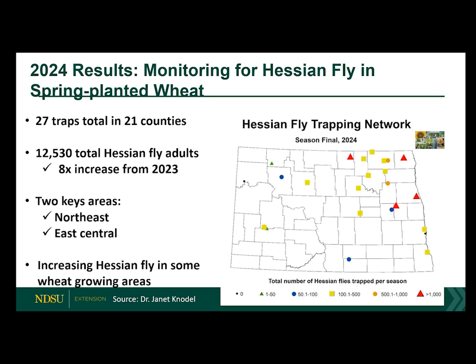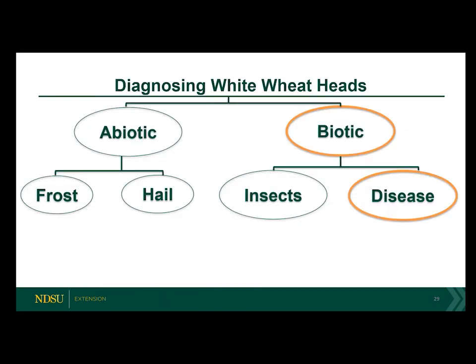So I'll just be frank with you on the numbers, because that's where I'm like, let's not get freaked out about the numbers, because how do we actually relate this to what's going on in the field? So there's my disclaimer on numbers and what this really means. But this is, again, something to look at if we have white heads.